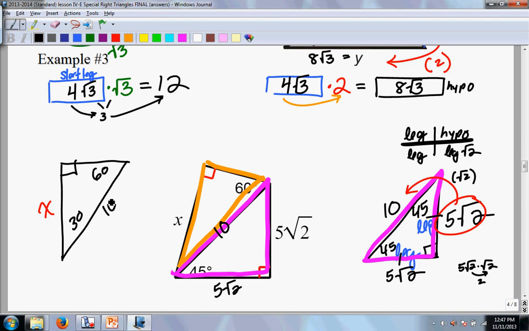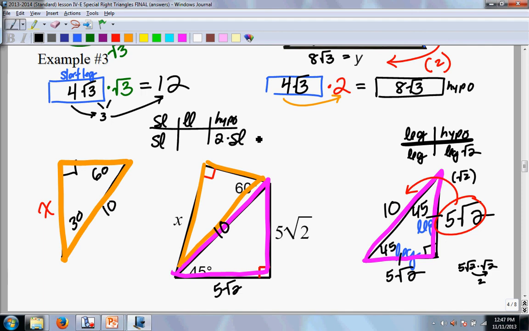Now we can bring that 10 over here to our orange triangle. In our orange triangle, this is the table: short leg, long leg, hypo. Whatever the short leg is, the hypo is double. And the long leg is the short leg times square root of 3. Write that table down.